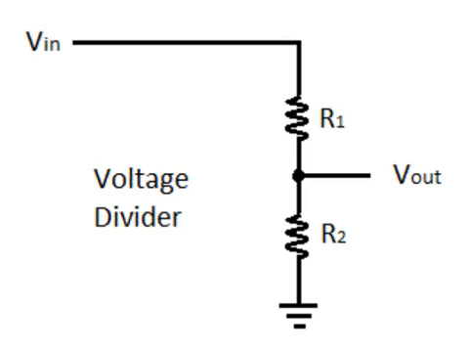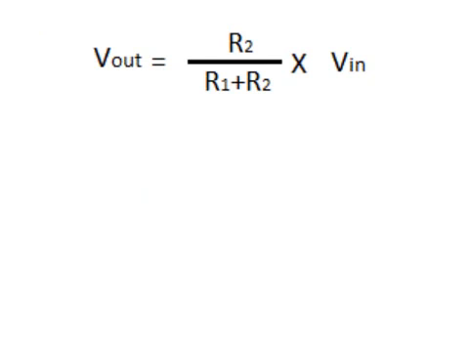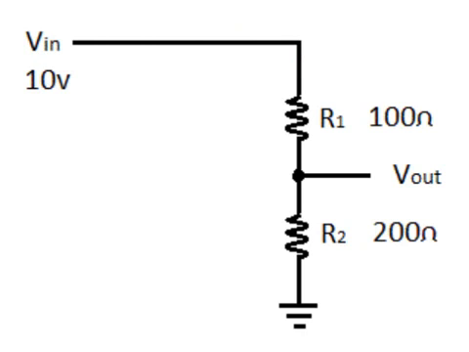The voltage of Vout is proportional to Vin according to the ratio of the two resistors, R1 and R2. Here's the formula to determine that output voltage. Output voltage equals the lower resistor divided by the sum of the two resistors, multiplied by the input voltage.